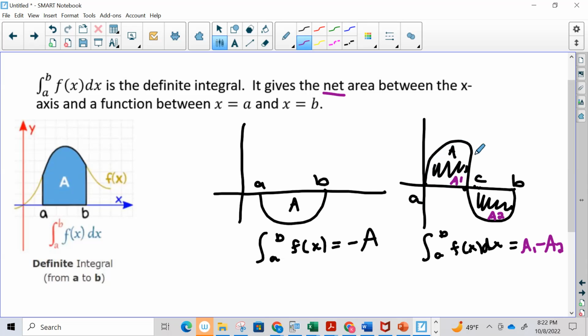If my curve goes both above and below the x-axis, then to find the definite integral in terms of areas, we split the region into the positive area and the negative area, and then we find this area and subtract this area from it. So that's the meaning of net area and the definite integral.